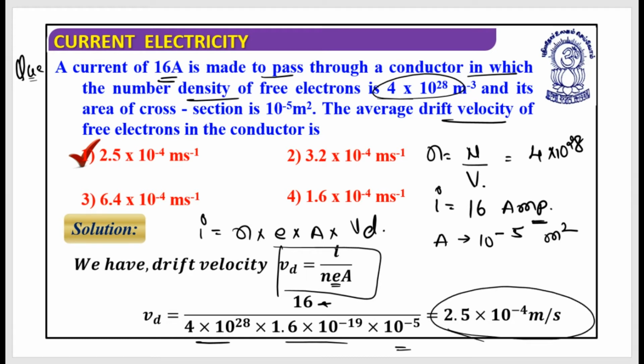So if I solve this, I can have VD that is 2.5 into 10 to the power minus 4 meter per second. Is it clear? Great. Ready for the next question?